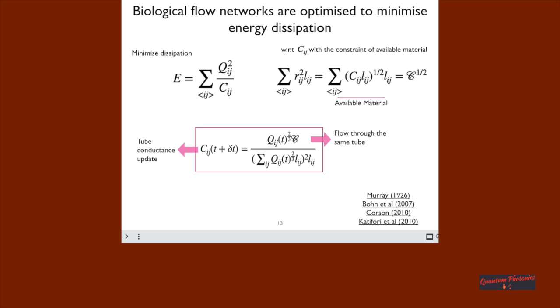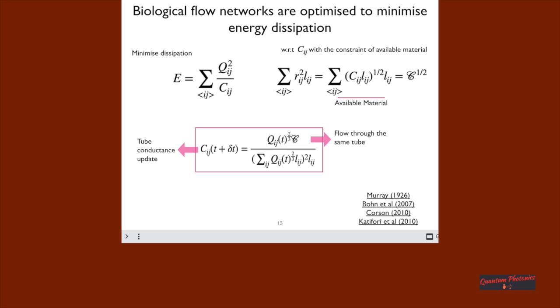The second build in the slide shows that the amount of material to create these networks is conserved, because we need resources and material to create this network. If we want to make a new blood vessel, we need cells for that. So along with minimization of energy dissipation, which maximizes transport through this network, we also need to maintain the available material in this network.